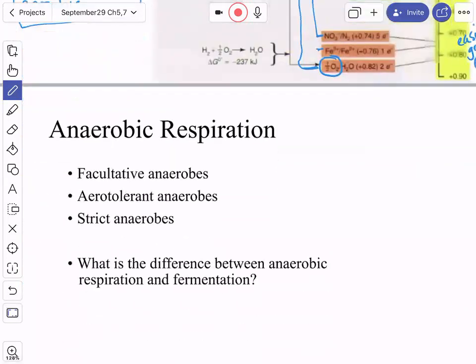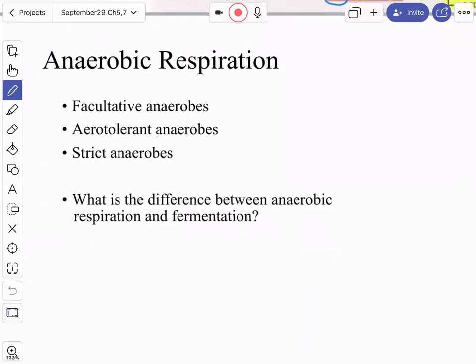Right. So to finish up, thinking about what kind of organisms do anaerobic respiration. You and I do not, right? We don't have the enzymes to use inorganic ions. But bacteria that are considered facultative anaerobes, remember, can respire aerobically and anaerobically, or do some kind of fermentation.